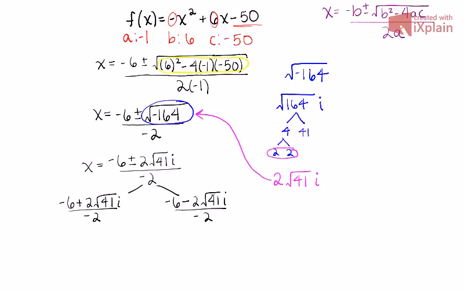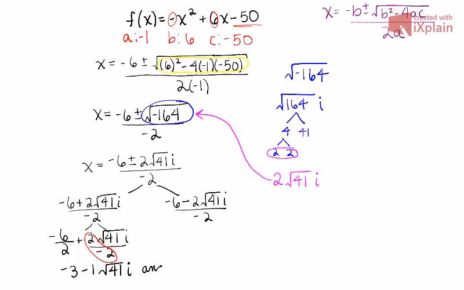When you have something where there is a denominator, what you can do is split up the problem so that it becomes negative 6 over negative 2 plus 2 root 41 i over negative 2. We know that negative 6 over negative 2 simplifies to 3. I could also identify that 2 over negative 2 is going to simplify to just negative 1. So I could just put negative 1 square root 41 i. That's one of my answers.